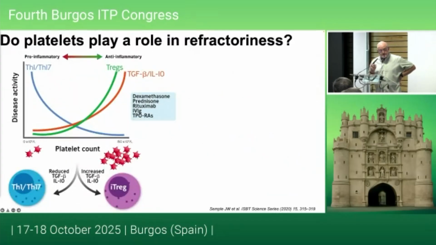So the question is, do platelets play a role in refractoriness? And this is the classic relationship that we have between the pro-inflammatory Th1 and Th17 responses and T regulatory responses, which are the suppressive responses. When the platelet counts are low, there are high pro-inflammatory Th1 and Th17 responses, and there are very low T regulatory responses and their associated cytokines.